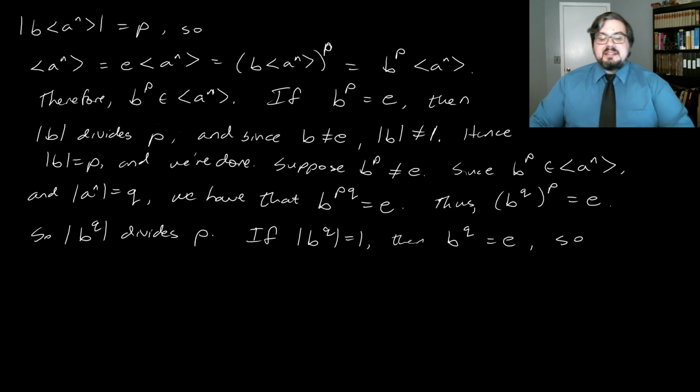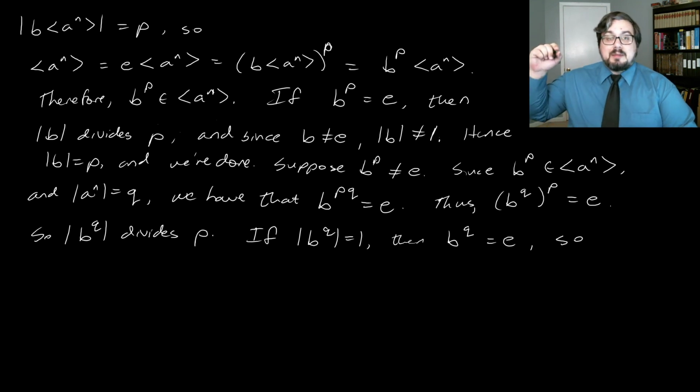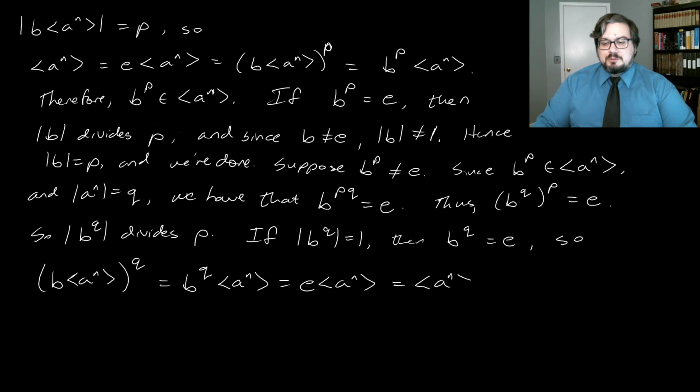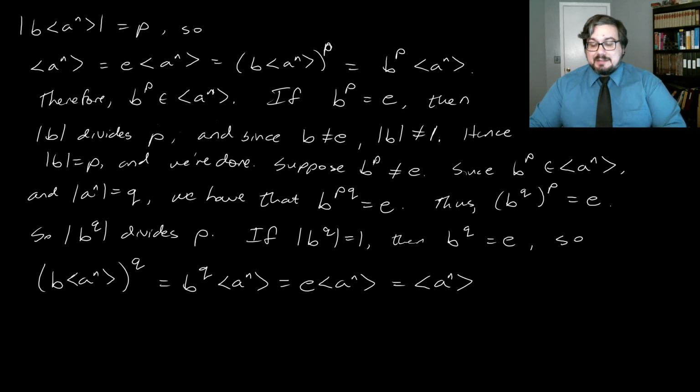So this means that, again dropping back down to the group G prime, if we look at the element b times cyclic subgroup AN in G prime, and we raise this to the qth power, this is b to the Q times the cyclic subgroup generated by AN, which is the group generated by AN, which is the identity inside G prime.